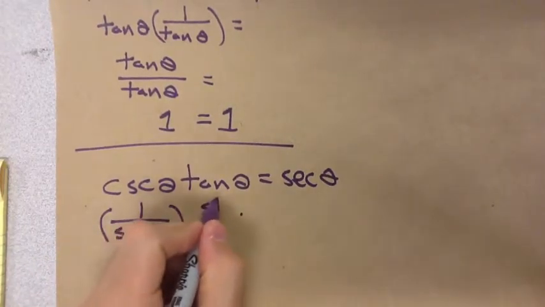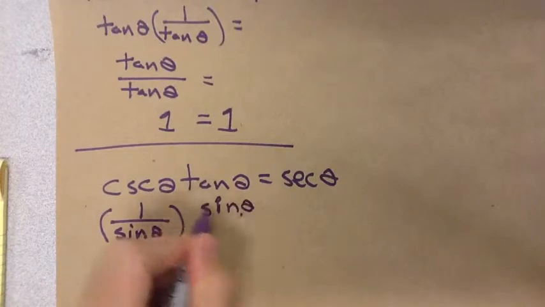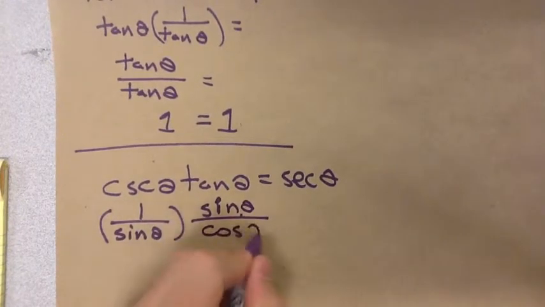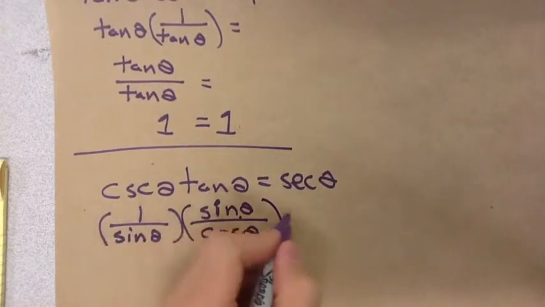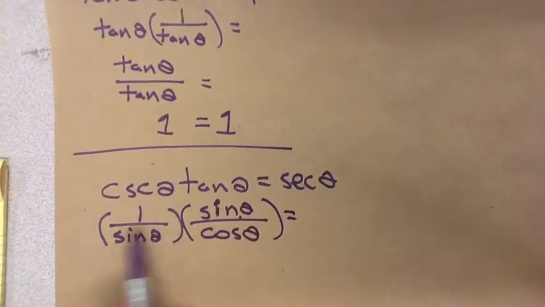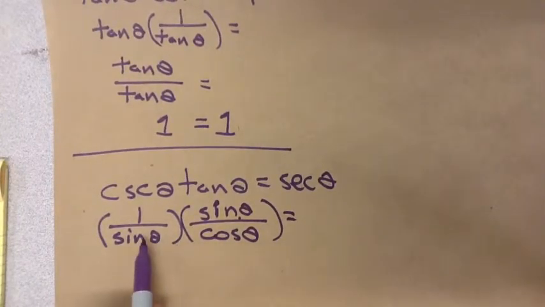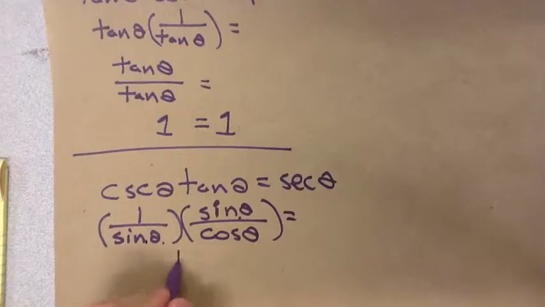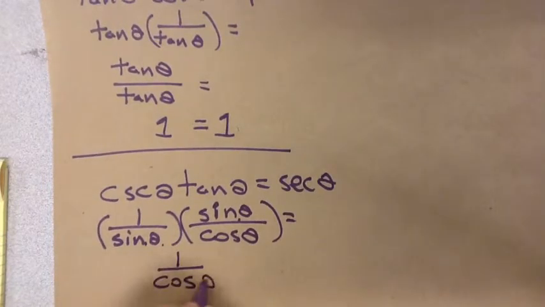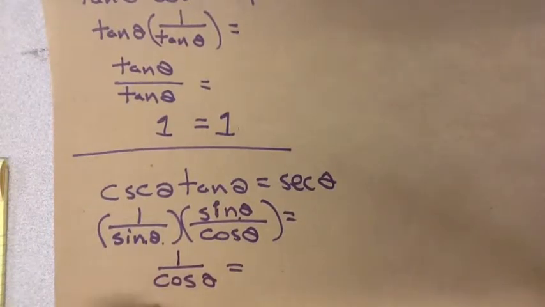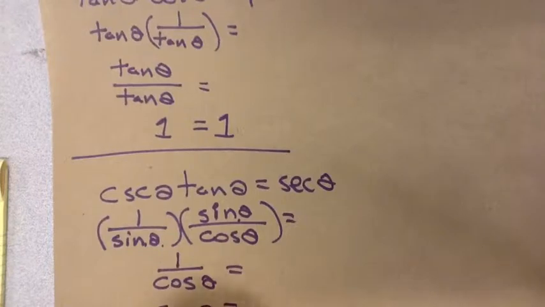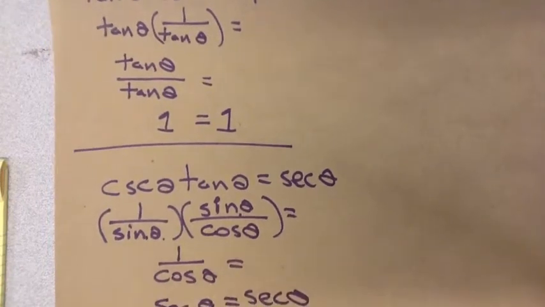But what if we call it sine theta over cosine theta? Now with that, we can look at multiplying these two fractions, and the sines become 1. We get 1 over cosine theta. Now 1 over cosine theta, its reciprocal is secant theta, so we get secant theta equals secant theta.